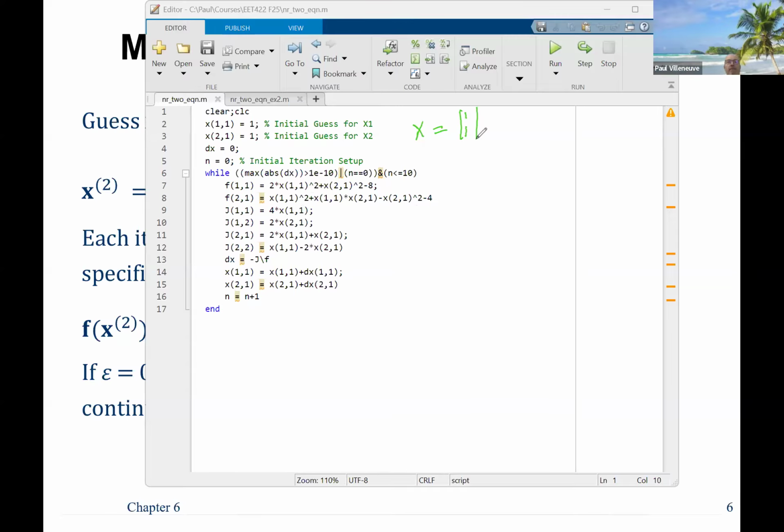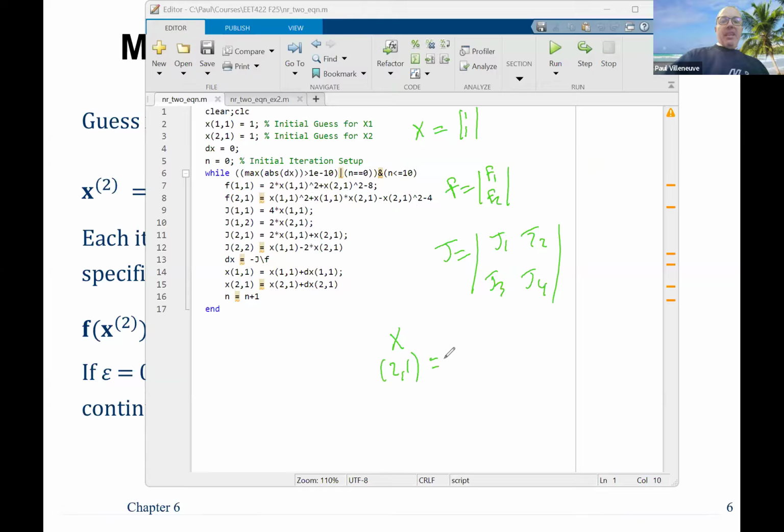My F matrix also is going to be a column vector. And my Jacobian, when it all is said and done, is going to be a square matrix, a 2x2 matrix, which is what I need because remember, my X, which is a 2x1, is going to be equal to a 2x2.